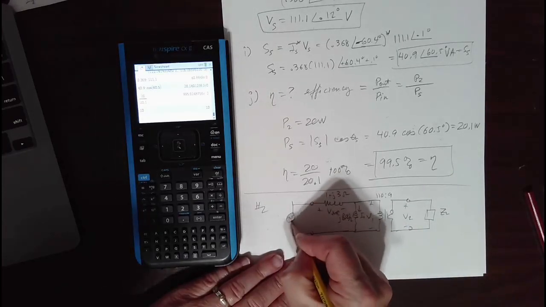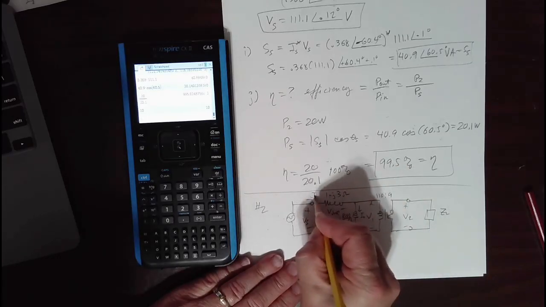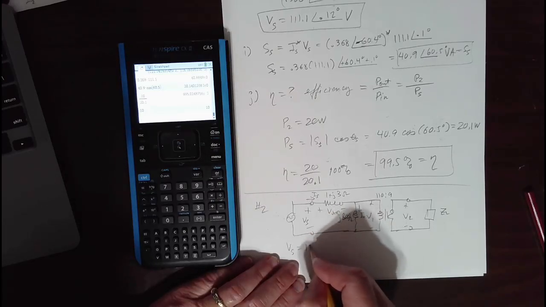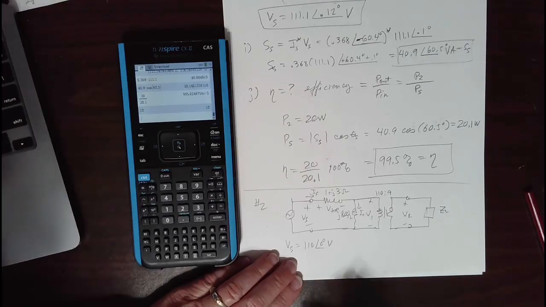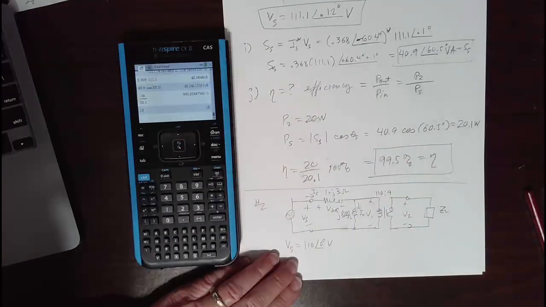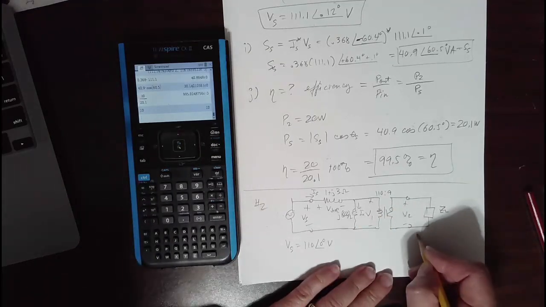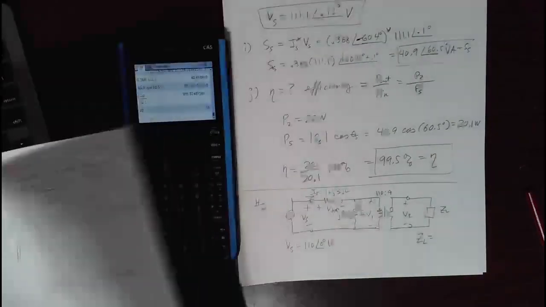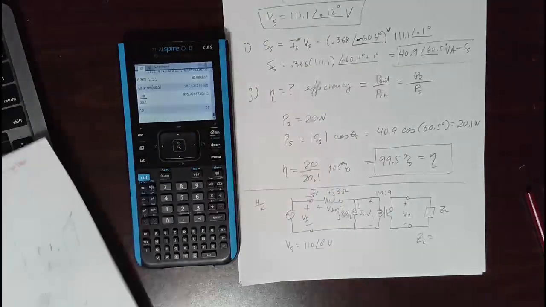All right, so this time, let's say we know V_S. Let's say V_S is actually going to be 110 angle 0 now. So the source is at the nominal voltage level for the transformer. And let's say we do need to know what Z_L is, so let's just use the Z_L we had before. I know we found it somewhere.